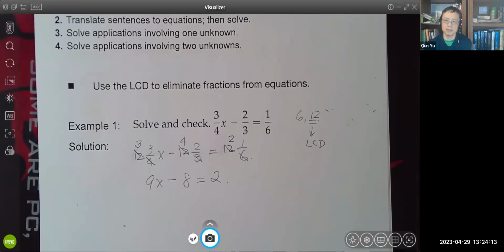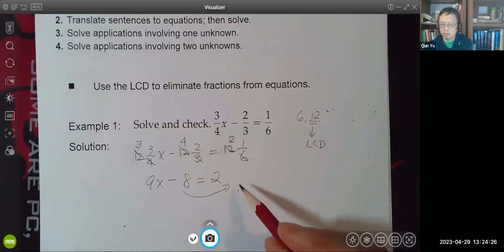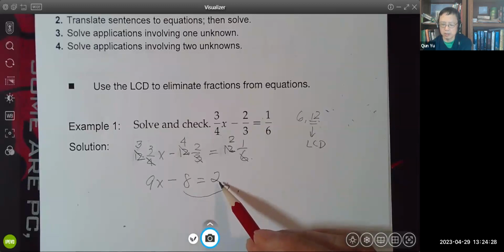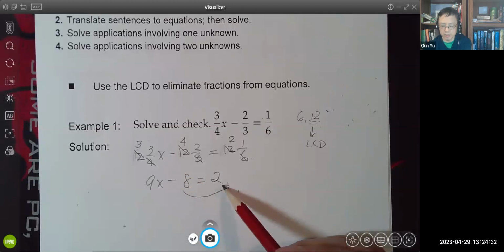Now we get a whole number equation. To solve for x, we need x to be on one side by itself, and that is the reason we want to move this minus 8 to the other side of the equation. Whenever you move a term to the other side of the equation, you change the sign in front of it to the opposite.